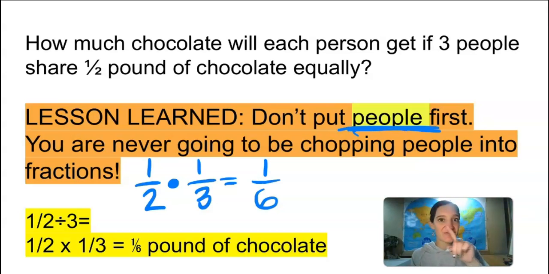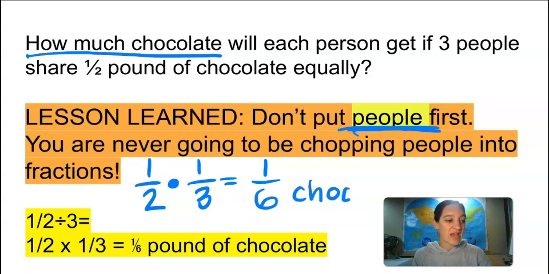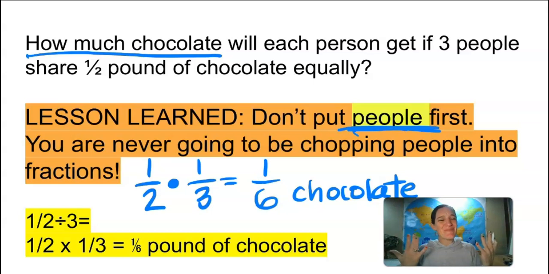Okay, now here's another trick. When we have a story problem, we see how much chocolate. A lot of people want to just write, well, everyone will get 1/6 chocolate. But that doesn't really tell me how much chocolate that is. Is that 1/6 of a pound, 1/6 of a ton, or like 1/6 of an ounce?